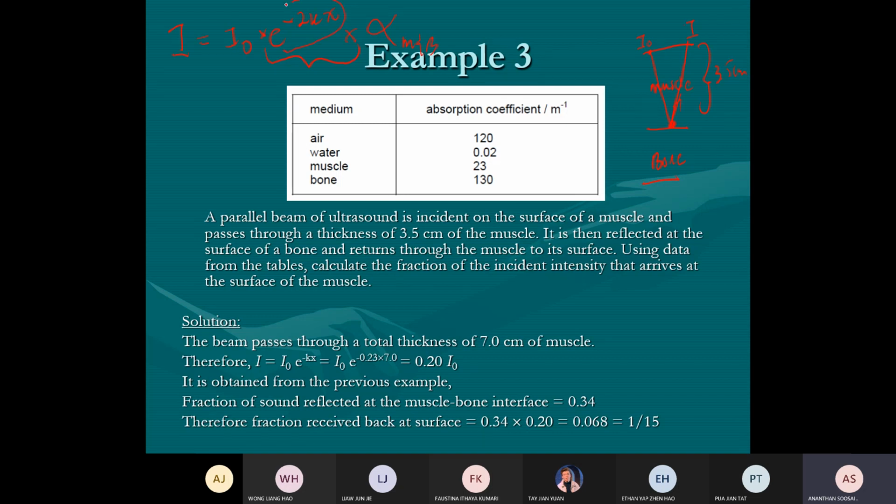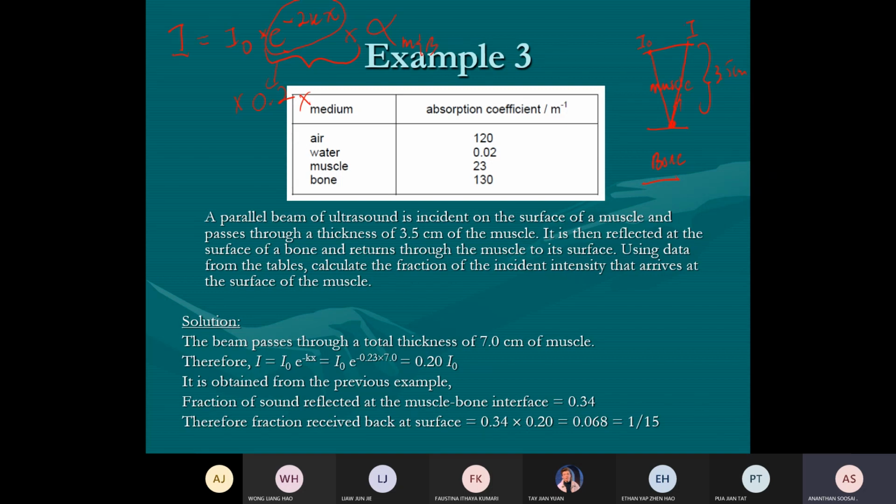The E negative 2kx is 0.2. Alpha is how much? Alpha is from the previous slide values. Alpha of muscle and bone, we calculated in earlier slides, is found to be 0.34.